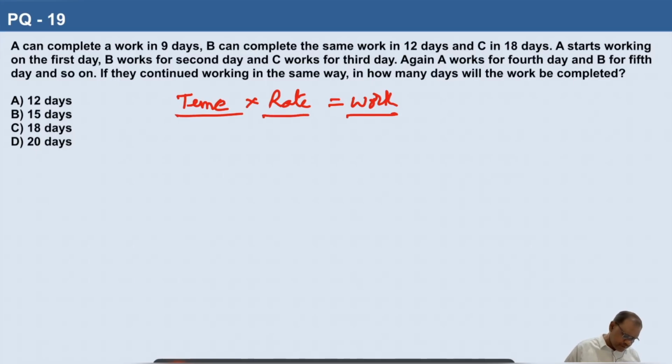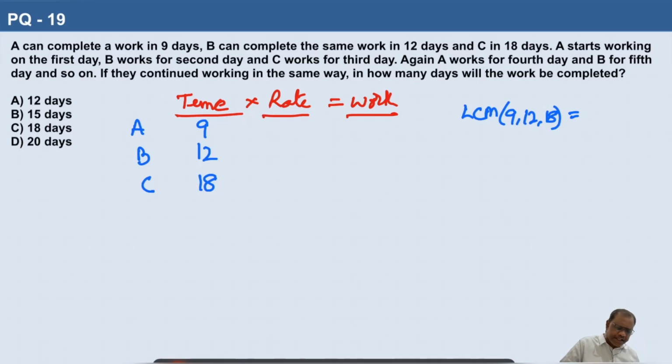So we have 3 people here, A, B and C. A will complete in 9 days, B in 12 days, C in 18 days. So what is the LCM here? 9, 12 and 18. 18 multiples, 36 is divisible by both 9 and 12.